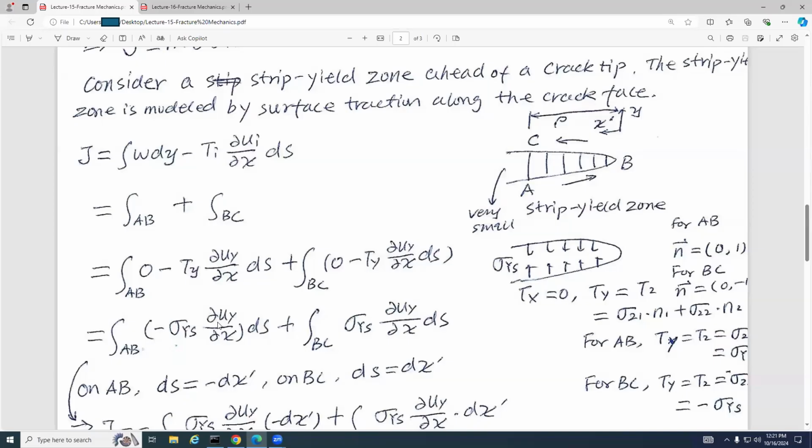Right? So n1 still equals 0, and n2 equals 1. But if this guy equals 0, this whole thing goes away, and sigma 2,2 is the sigma ys. So T2 equals sigma ys.